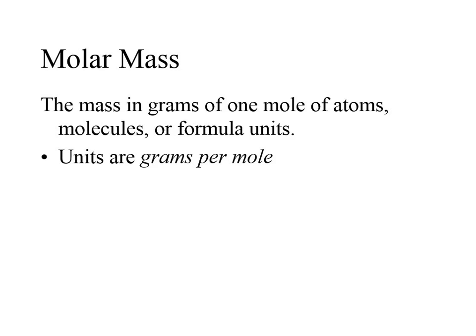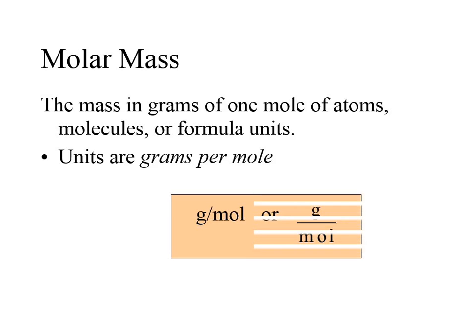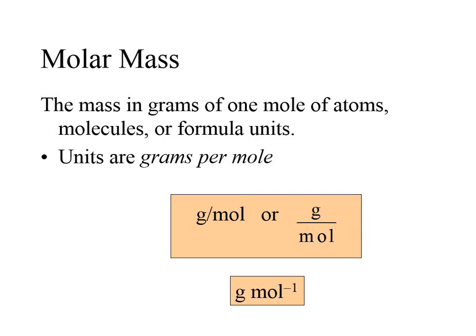It works great for atoms. If you want 1 mole of nitrogen atoms, the decimal number for nitrogen is 14.01, so you weigh out 14.01 grams of nitrogen and you have 1 molar mass. So we're going to scale that up from atoms to molecules and formula units.